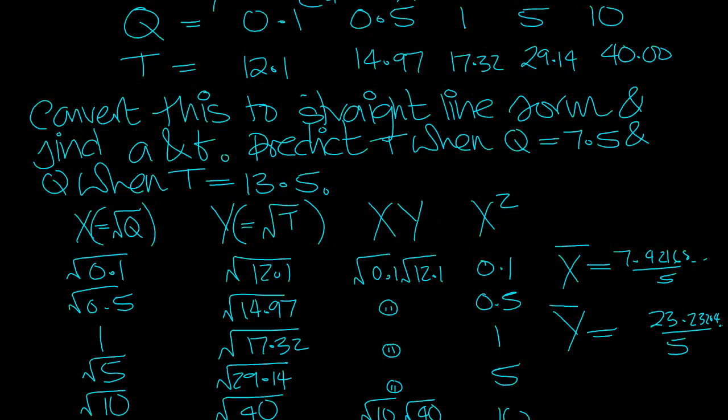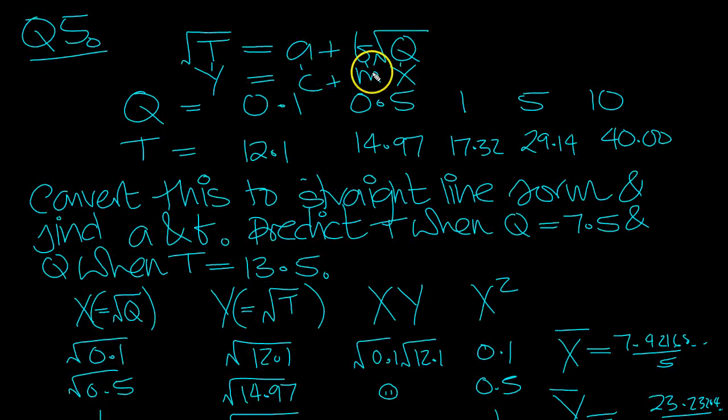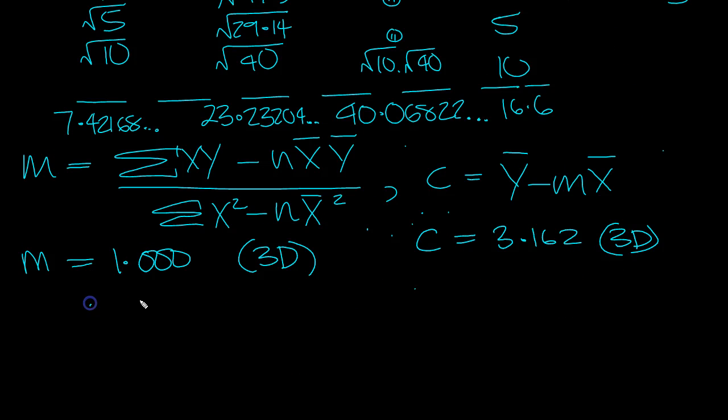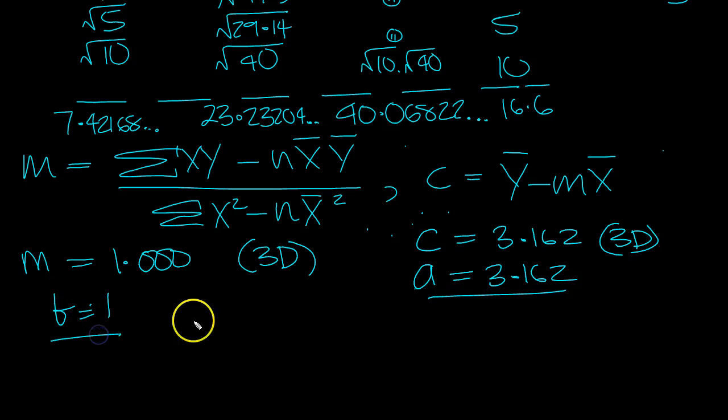So now our correspondences then. C equals A and M equals B. So A equals 3.162 and B equals 1.